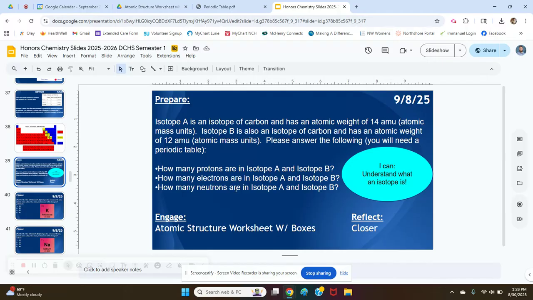Where the difference comes in is the number of neutrons. Remember that the atomic mass or atomic weight is equal to the number of protons plus the number of neutrons. So if I know that isotope A has 6 protons from before, and I also know that isotope A has a weight of 14, it basically becomes 6 plus what number is 14?